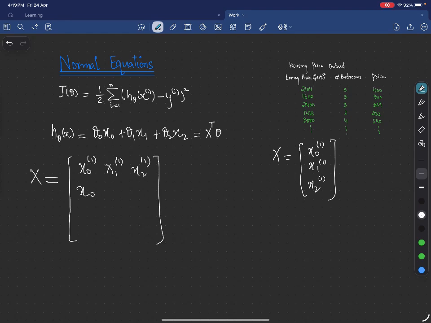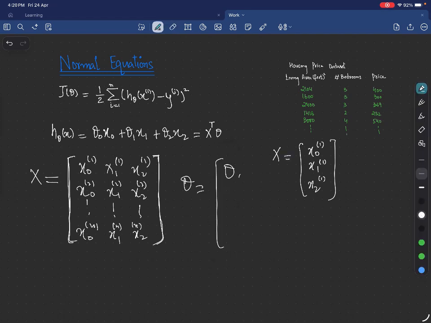Similarly, x naught, x1, x2, but of the second training example, with superscript of 2 over all of these, and so on up to the nth training example. So this is our design matrix for n training examples. The theta matrix looks like this: theta naught, theta 1 and theta 2. This matrix has n rows and 3 columns. This is an n cross 3 matrix, and this has 3 rows and 1 column. This is a 3 cross 1 matrix.